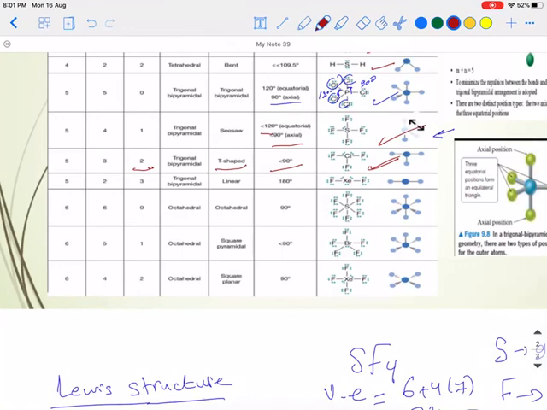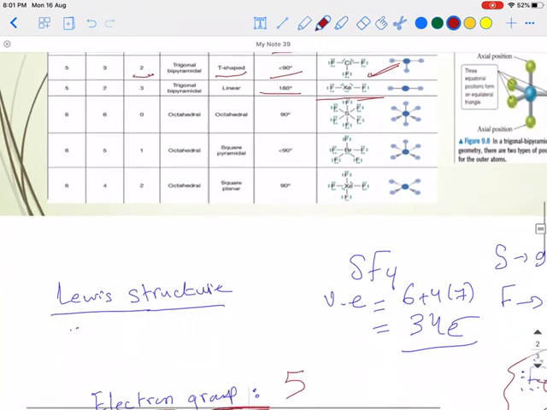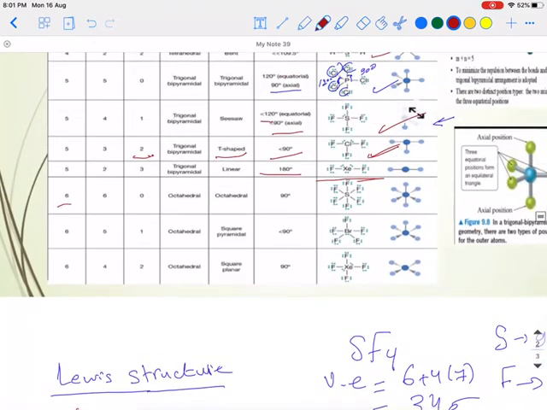When we have 3 lone pairs, it will be linear as this one and the angle 180. If we now have 6 electron groups and no lone pair, the shape is octahedral and all the angles 90.